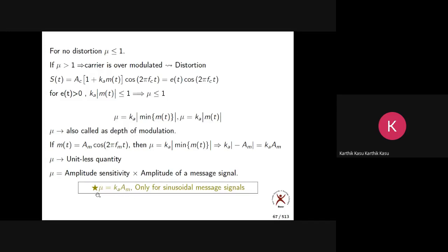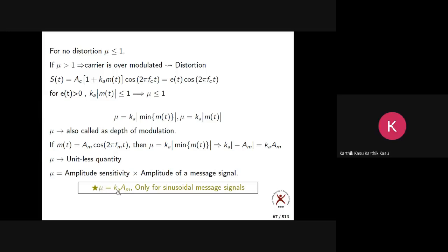What is mu? 4 by 5, which means 0.8. Now, the job of Ka is to make sure that mu is less than or equal to 1.